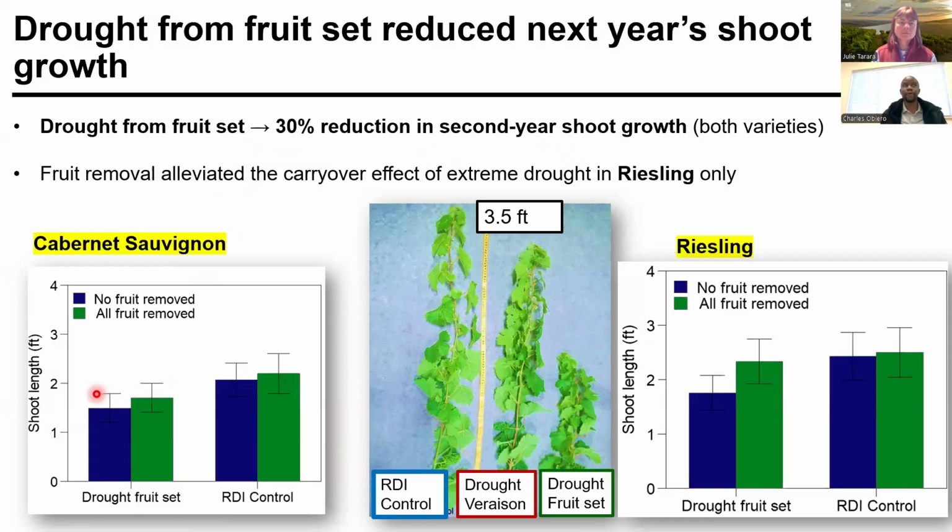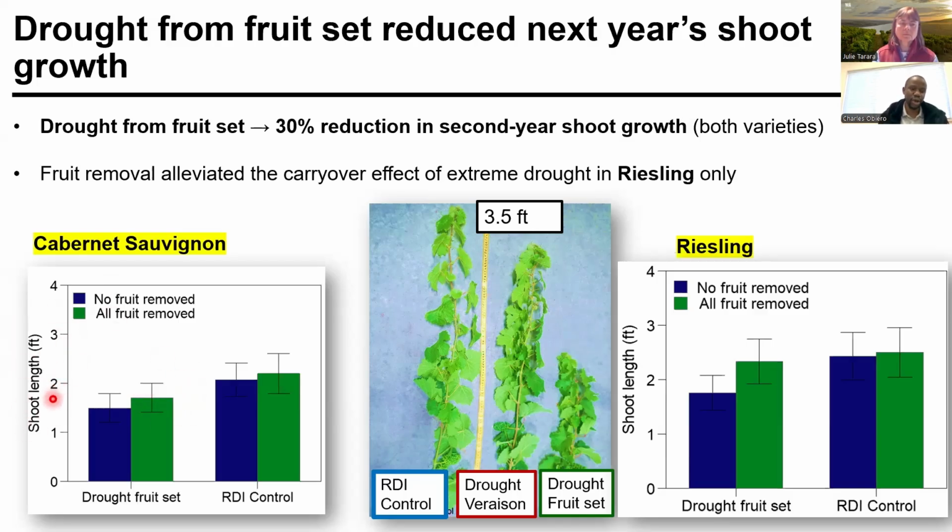This is very important because we had irrigated these vines similarly at the beginning of the season. At bloom, when we came to do the measurements, you can see that the vines that had drought from fruit set had shoots that were really smaller compared to our industry standard. This is Cabernet Sauvignon.